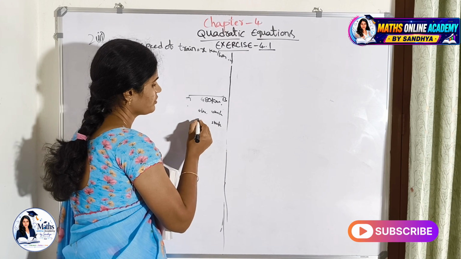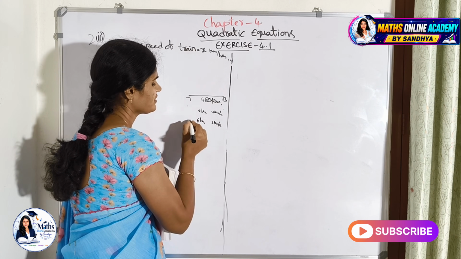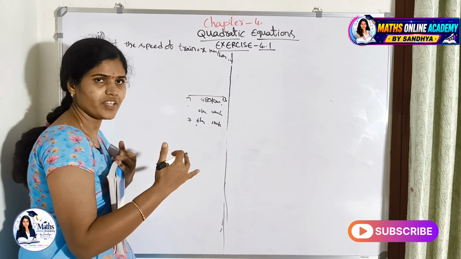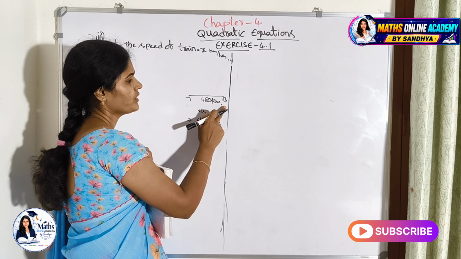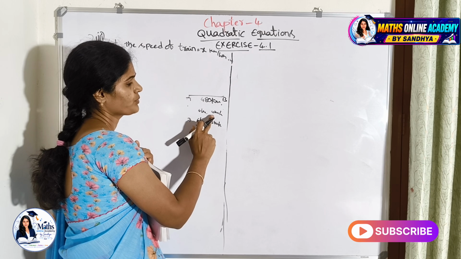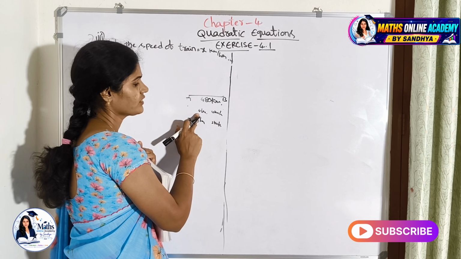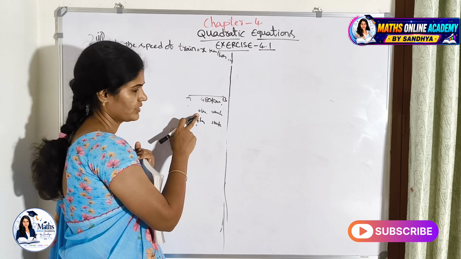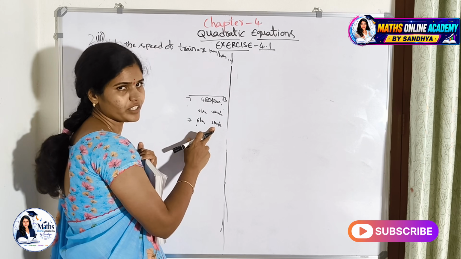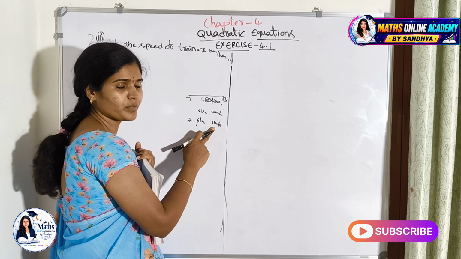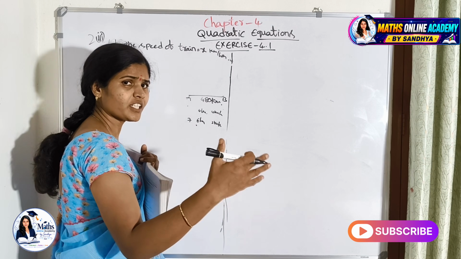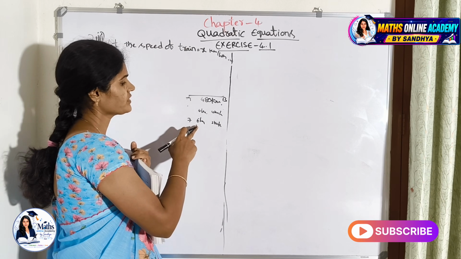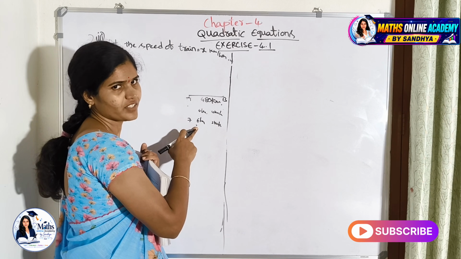It will take 6 or 7 hours. We are assuming one train is moving from A to B, the same distance. If the speed is higher it reaches in 4 hours, but if it moves slowly, it will take more time, 6 or 7 hours.